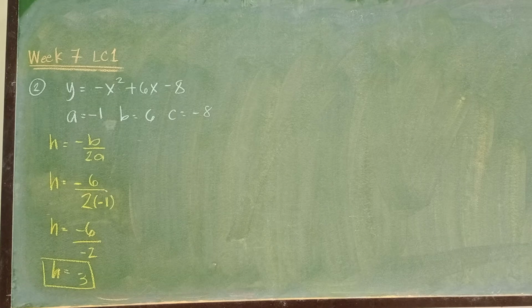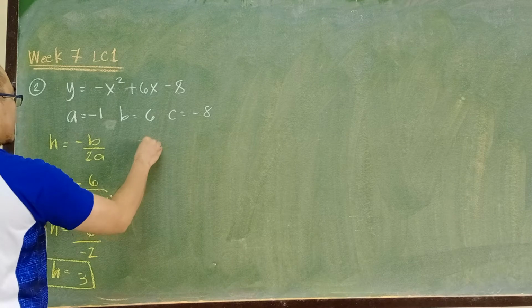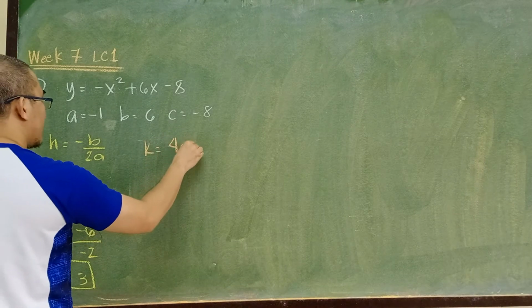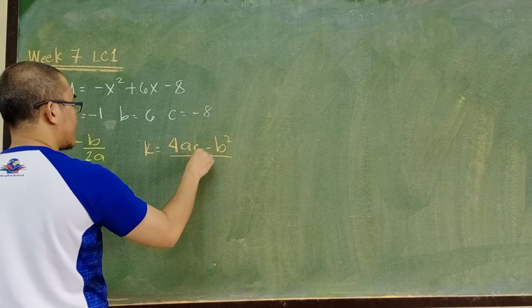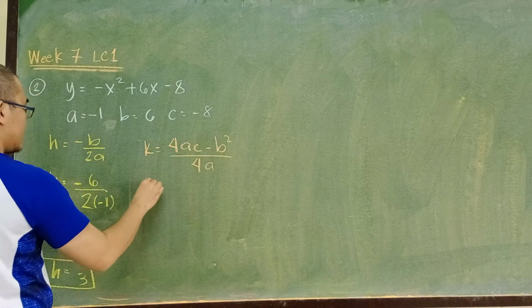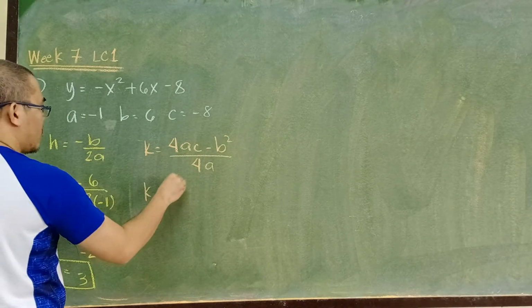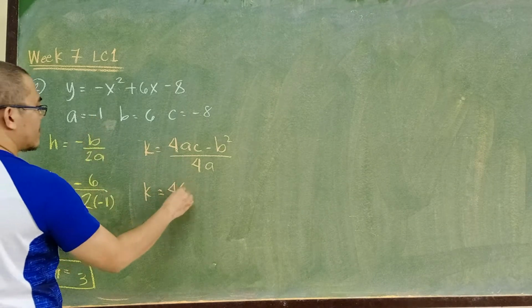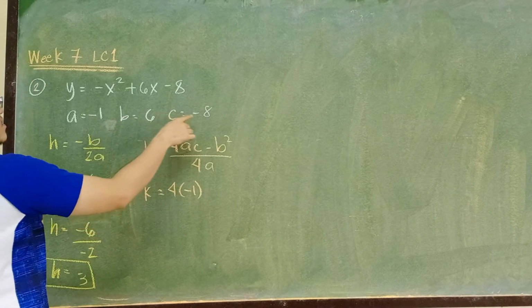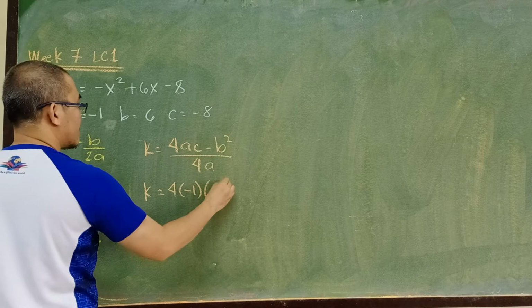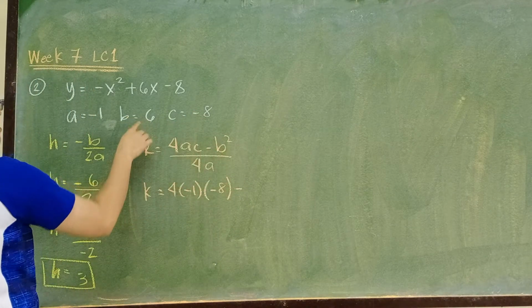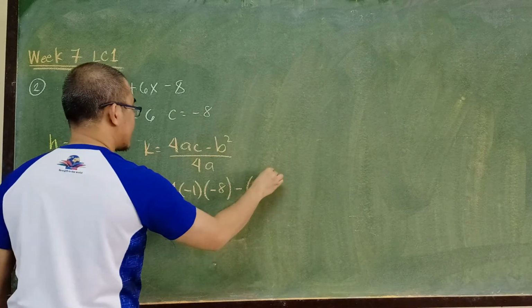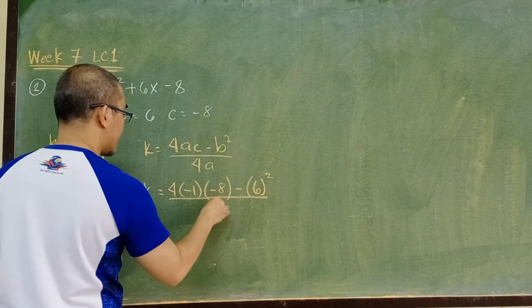Paano naman yung sa K? K natin is 4AC minus B squared over 4A. So 4 is constant, A natin is negative 1, C natin is negative 8 minus B natin is 6 squared all over 4A.